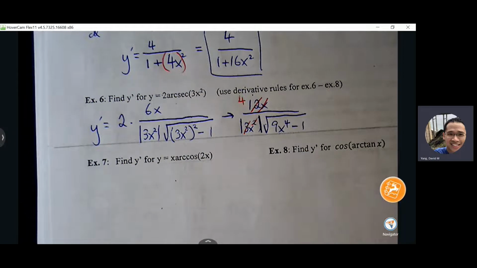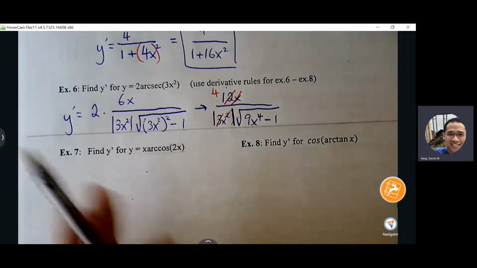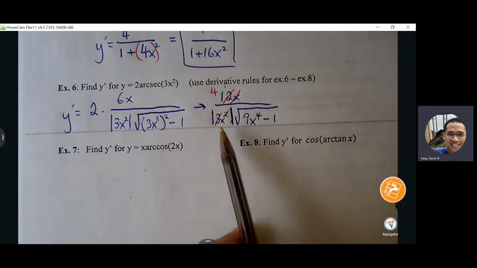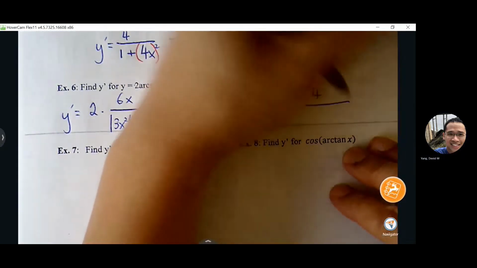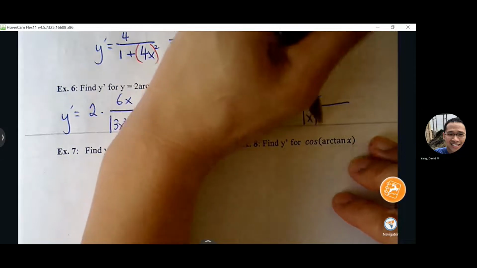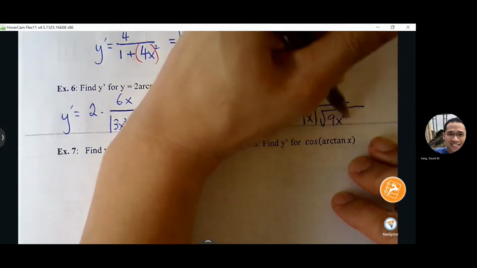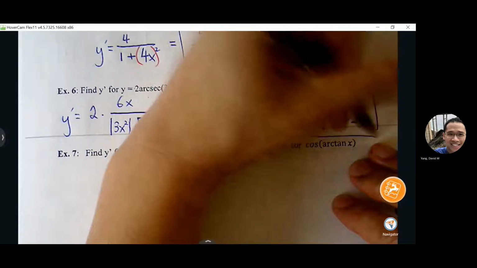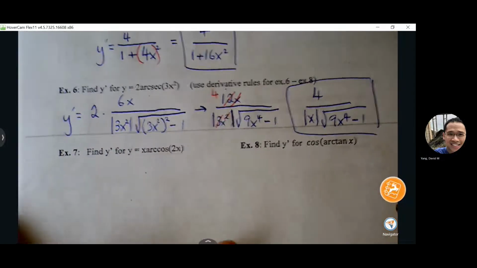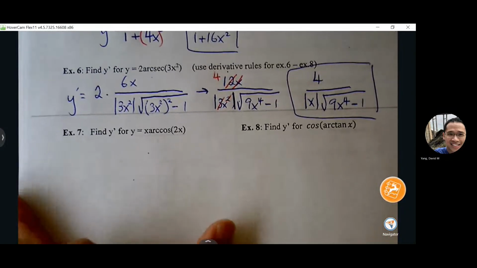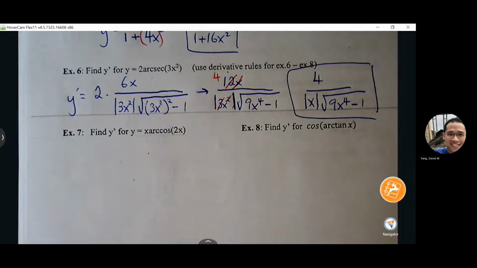So I can still cancel out with something outside and inside the absolute value. I should need that absolute value to stay with the remaining expression. Okay, any questions with 6?